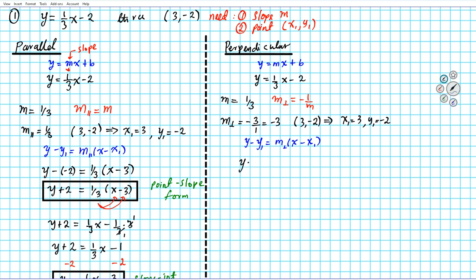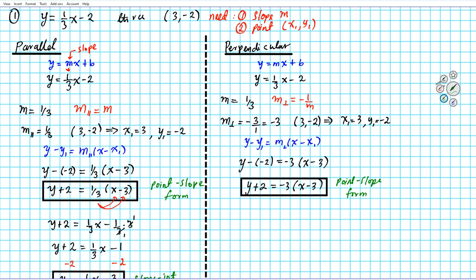We're going to have y minus y1, which is -2, equals m, which in this case is -3, times x minus x1, which is 3. Multiply these two signs on the right here. We're going to have y plus 2 is equal to -3 times x minus 3. All right, ladies and gentlemen, this is the equation of the perpendicular line in point slope form.